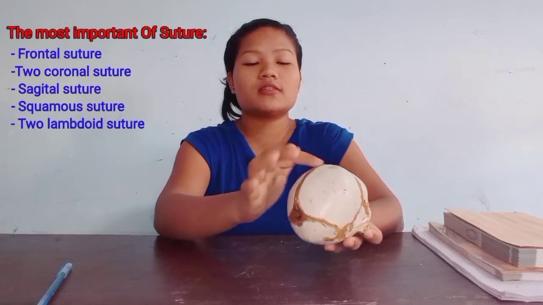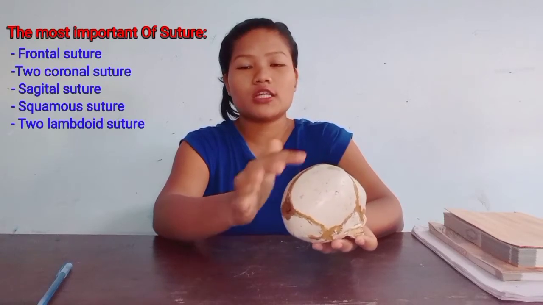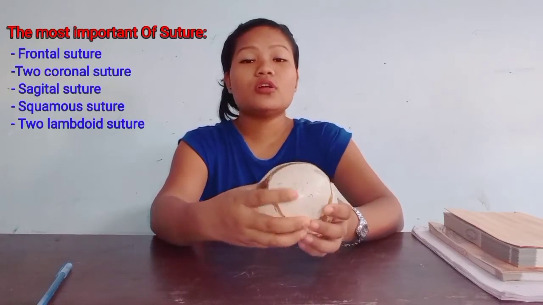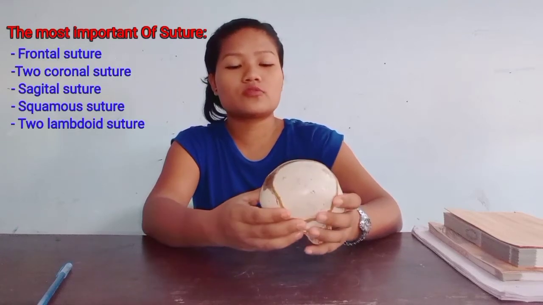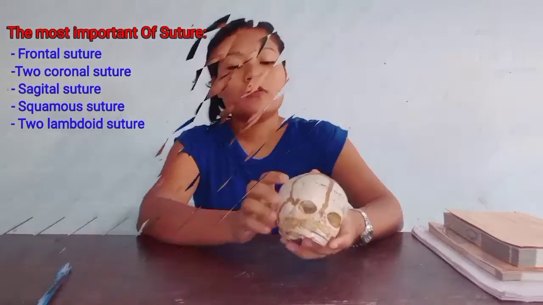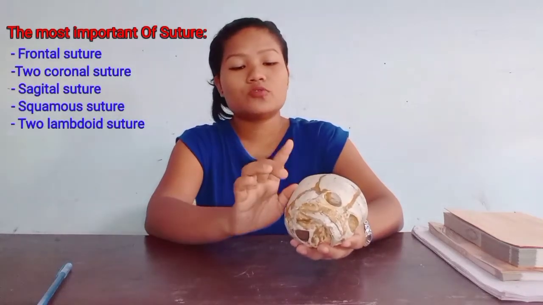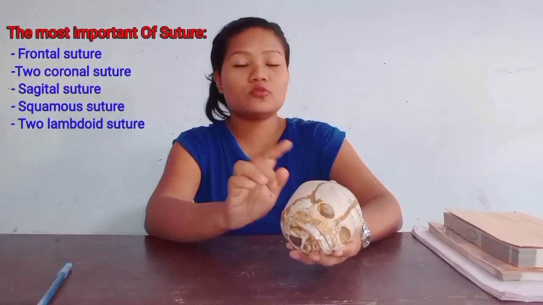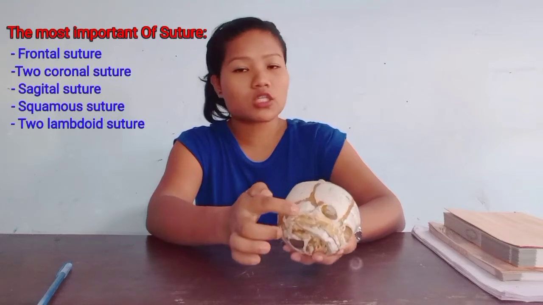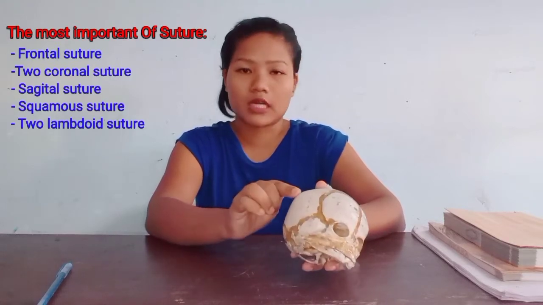This one is a sagittal suture you see here, and the 2 squamous sutures. Where is squamous suture? In the side of the fetus skull, which lies between the parietal bone and temporal bone. This one is a temporal bone and this one is parietal bone.